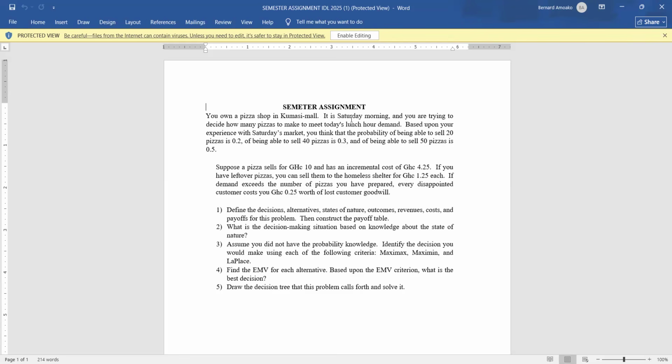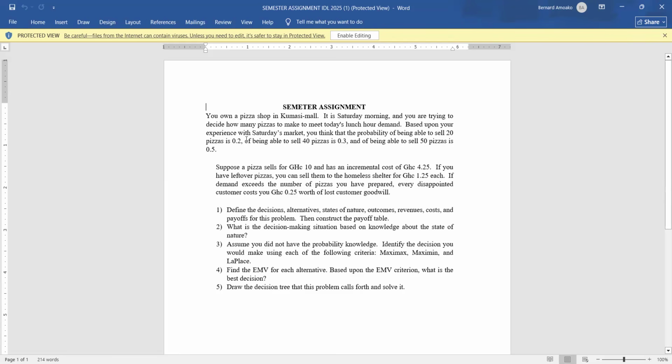Then the next one says find the expected monetary value for each alternative based upon the EMV criterion. What is the best decision? Draw the decision tree that the problem calls forth and solve it. Okay, so now this question, you need to determine the probability.